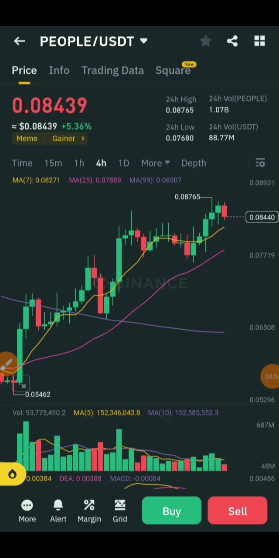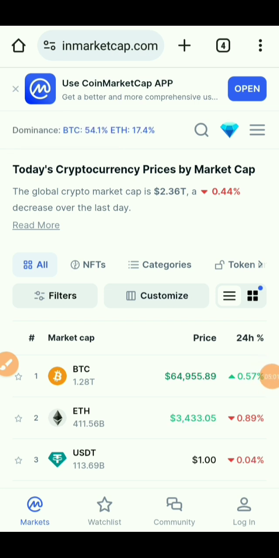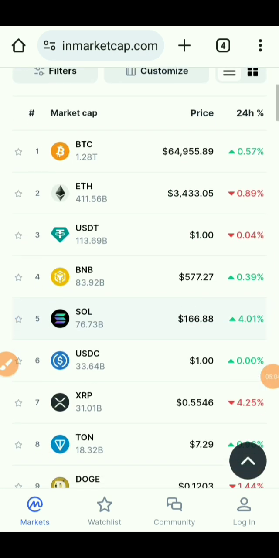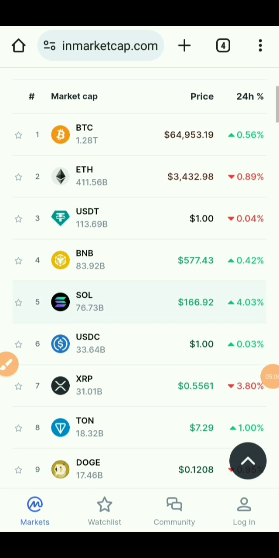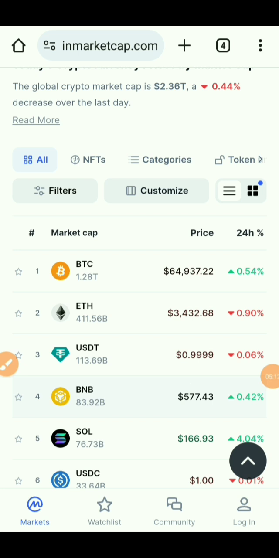So the platform we are going to go into now is called CoinMarketCap, and you all know CoinMarketCap is a platform where different cryptos and their prices are displayed, along with the prices at which major exchanges buy and sell. So let's head to CoinMarketCap. Over here you can see different tokens, different coins, the price at which they are being sold and bought, their highs and their lows.